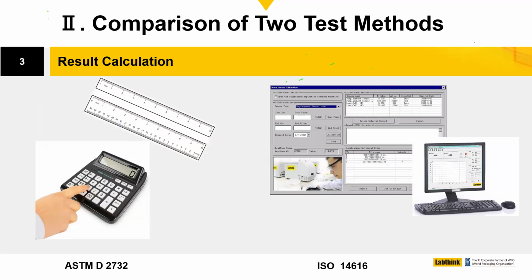With 2732, it's, as I said, a manual method, and so the calculation of the result is manually performed by the operator. 14616 is a fully automatic calculation, and so there's less room for human error, and the results are contained within the instrument, and so you can recall them later on and create test reports and so on and so forth.